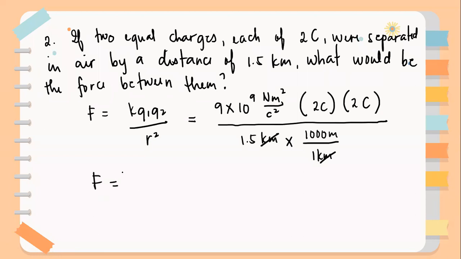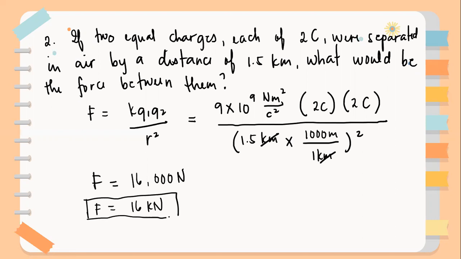F is now equal to 16,000 newtons, or 16 kilonewtons. Kilo is times 10 to the 3.